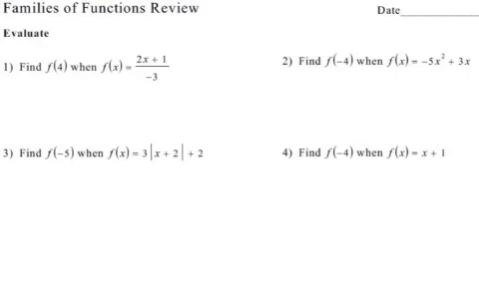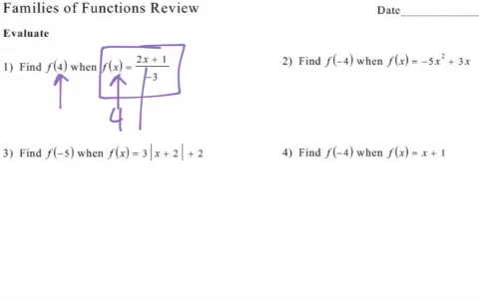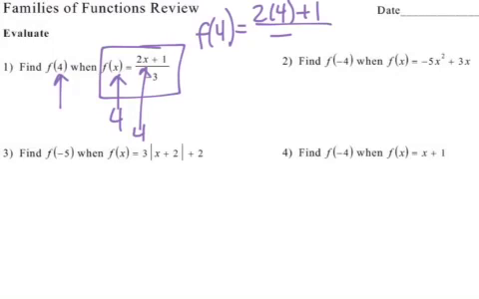So these first ones, we're dealing with functions. And anytime we're given that function number in the middle, it wants us to evaluate. It wants us to figure out what is going on in this function when we change the variables to 4. So we're finding a point essentially on there. So we just go like this. F of 4, rewrite it, equals 2 times 4 plus 1 over negative 3.